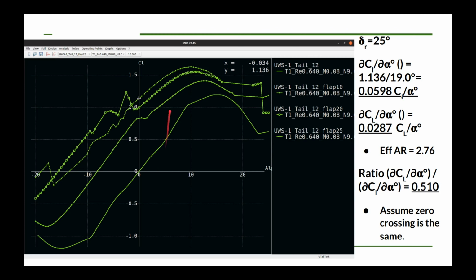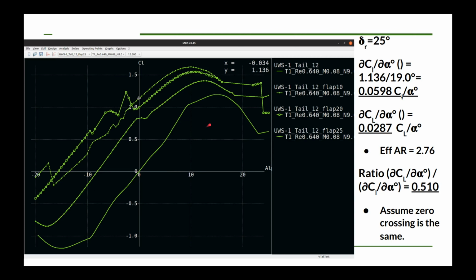But essentially what we're doing is calculating the slope of these lines for the section, and then with this effective aspect ratio, we can go through a little calculation where we convert from this slope to the slope for the actual vertical tail. And it's going to be a lower slope, in fact about half of what the original was. So the slope will be something like this.